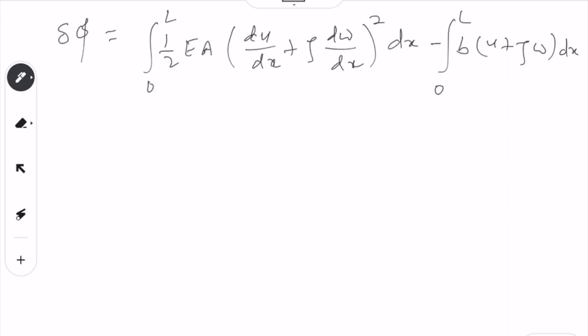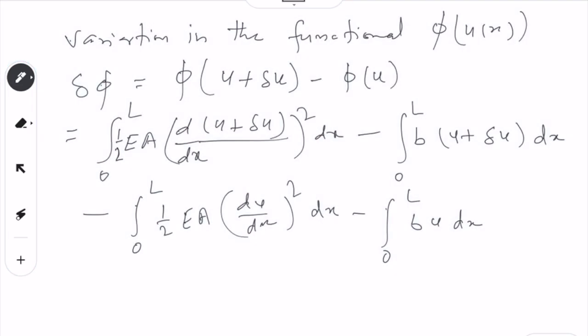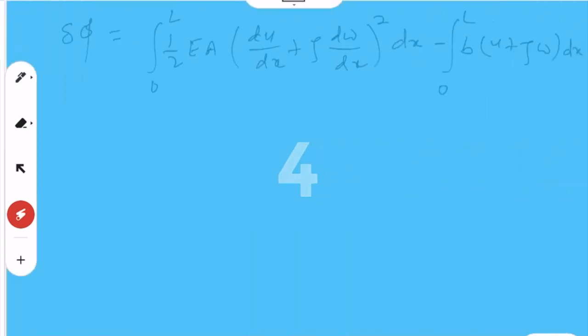Okay, guys. Here it should be plus, because minus of this, so minus becomes plus. Since this is plus here, we have minus here.